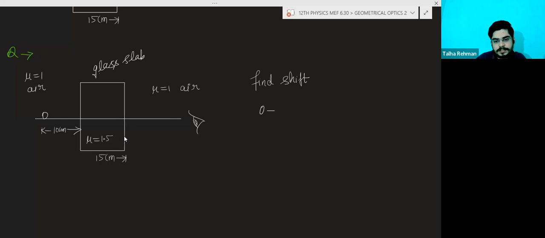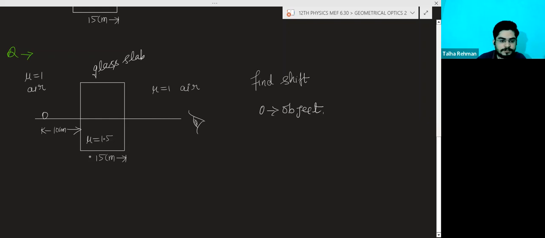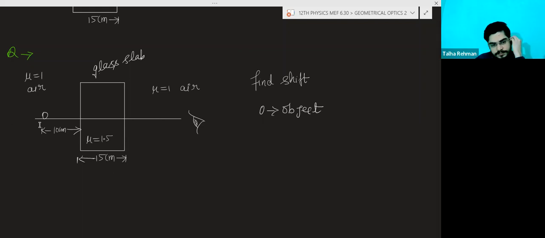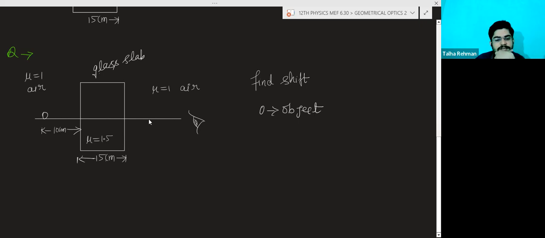O is the object, and thickness of this slab is 15 centimeter, and they are asking the shift. Find shift.